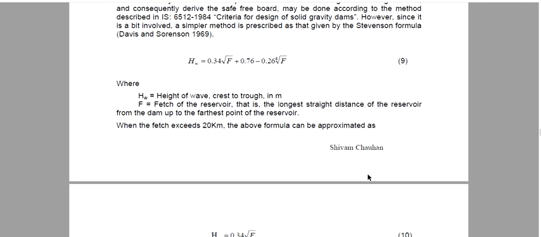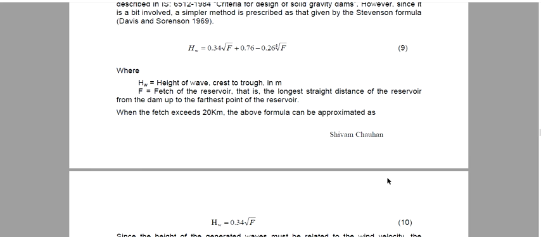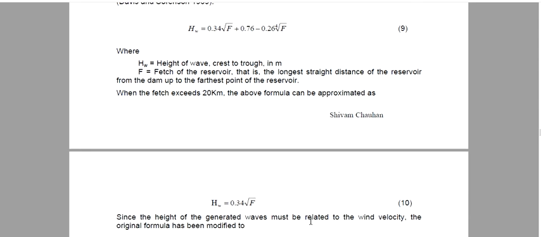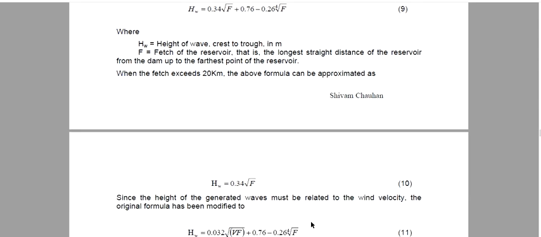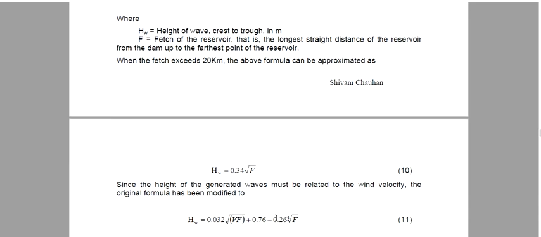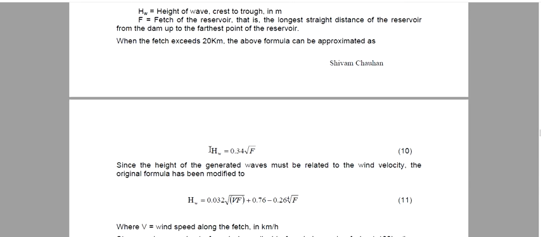But what if the fetch exceeds 20 kilometers? The above formula can be approximated as Hw equal to 0.34 square root of the square root of F. Here is the formula.